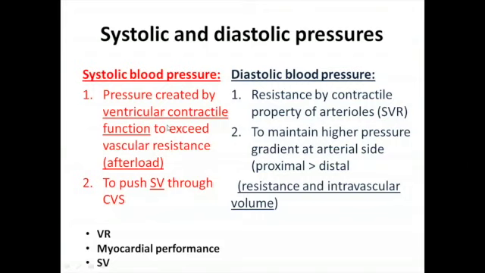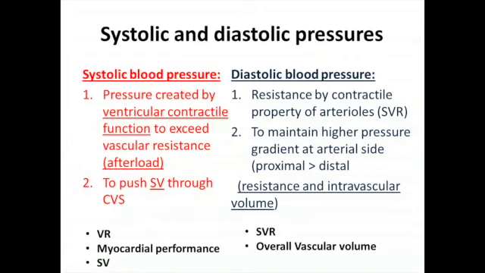Systolic blood pressure can be reflecting venous return, as we mentioned, myocardial performance, and stroke volume. I keep repeating that because it's very important to understand what the systolic blood pressure means at the bedside, and what the diastolic blood pressure is reflecting.